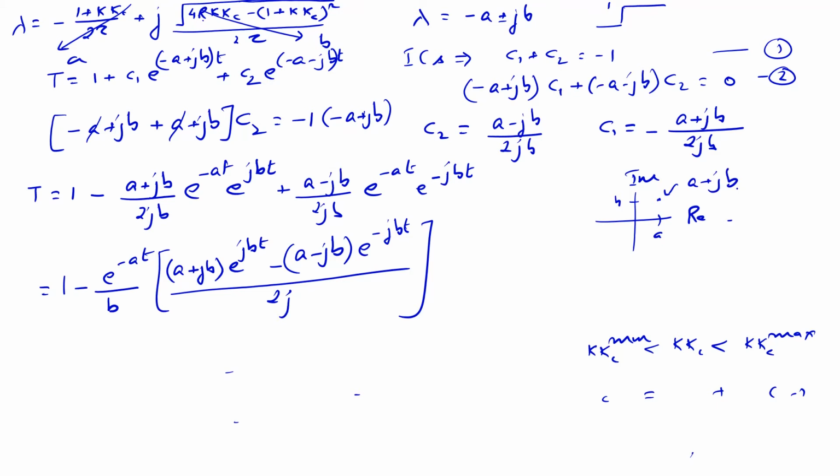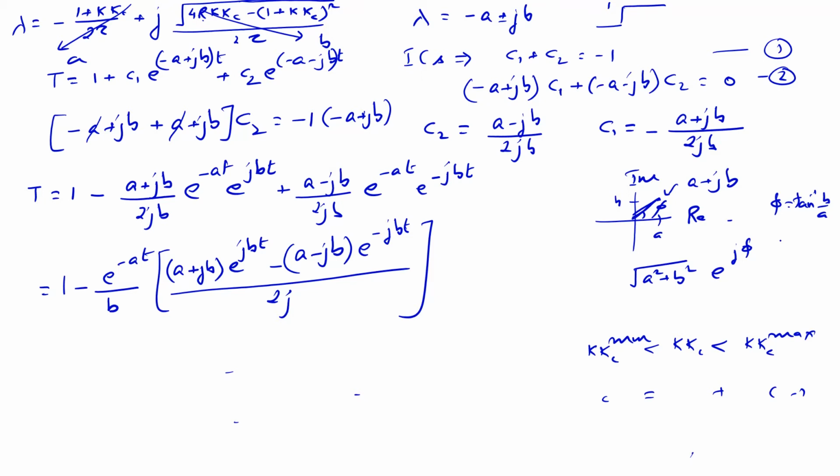In polar form, its magnitude will be square root of a squared plus b squared times e to the power j phi, where phi is this angle, phi equal to tan inverse of imaginary part by real part, which is b by a.